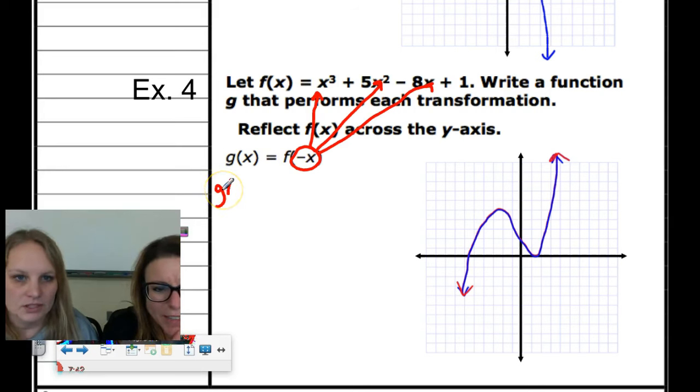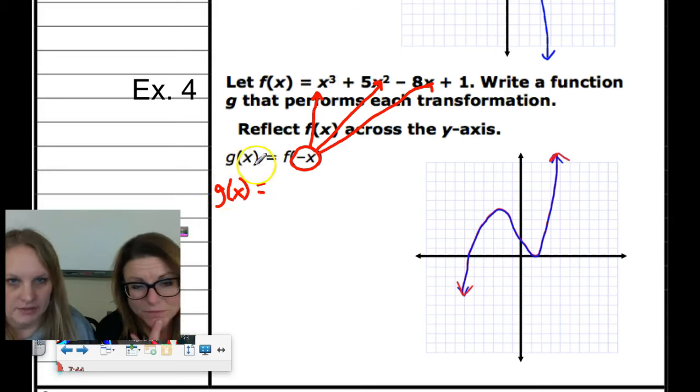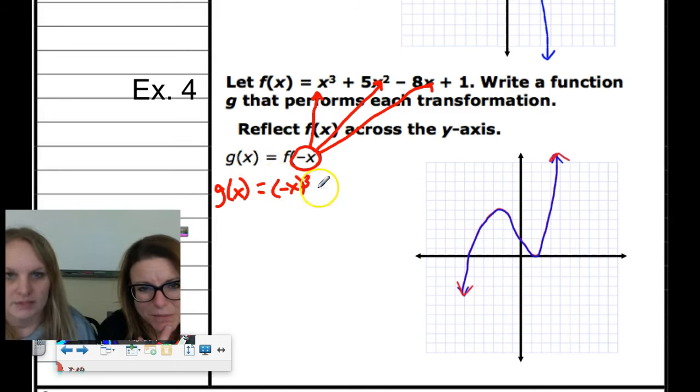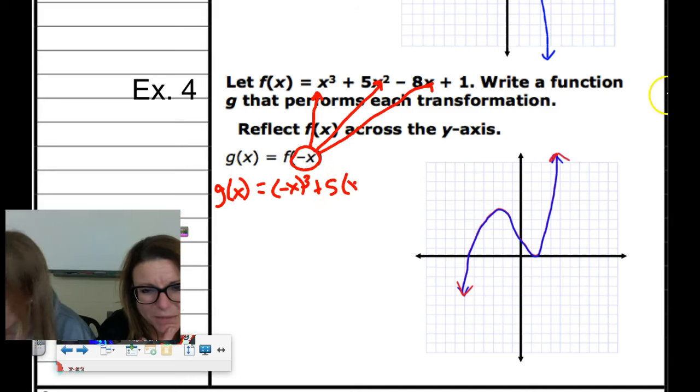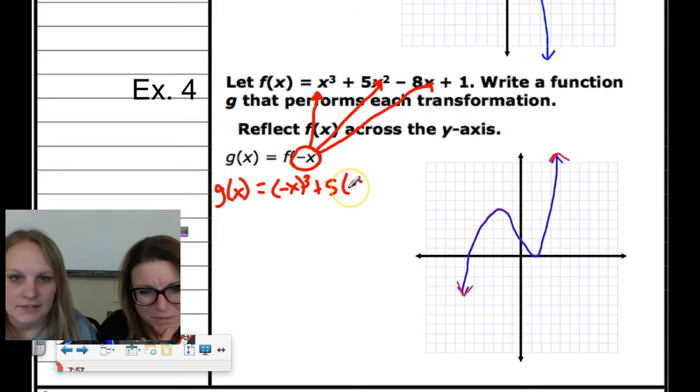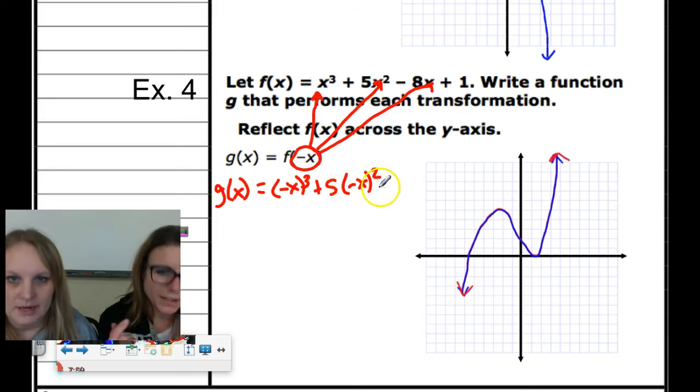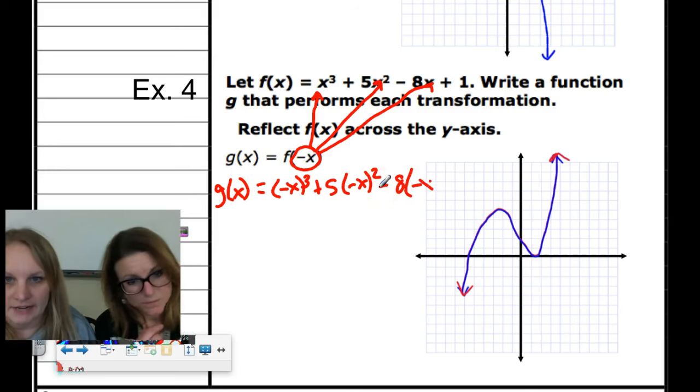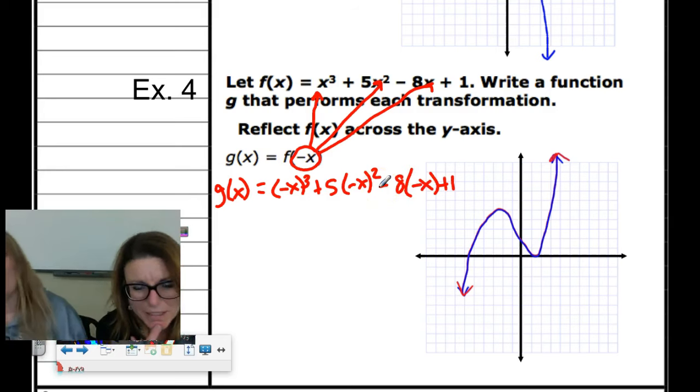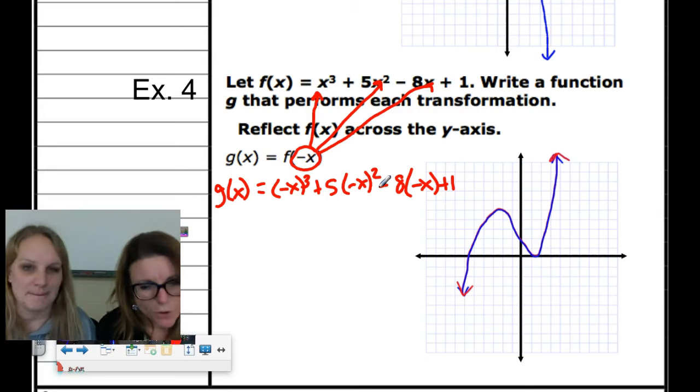So g of x equals, in parentheses, negative x, cubed, plus 5 times negative x, squared, minus 8 times negative x, plus 1. We can do this. Let's go on the next line.